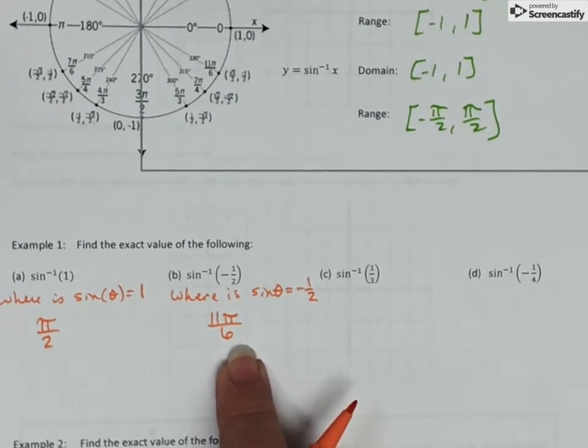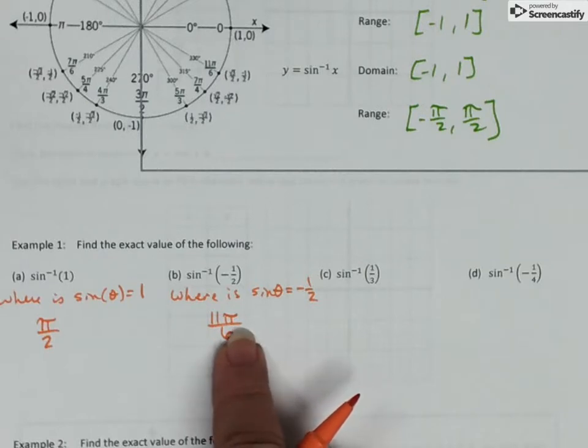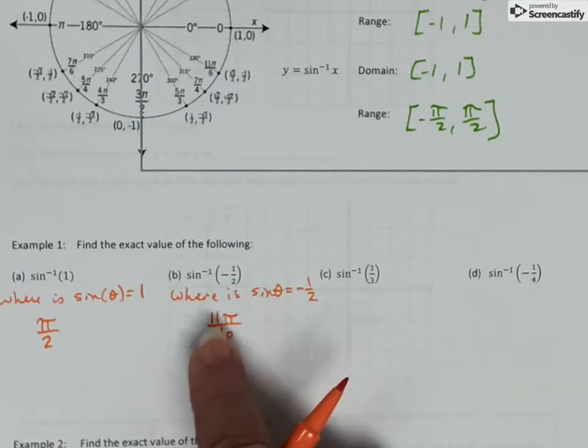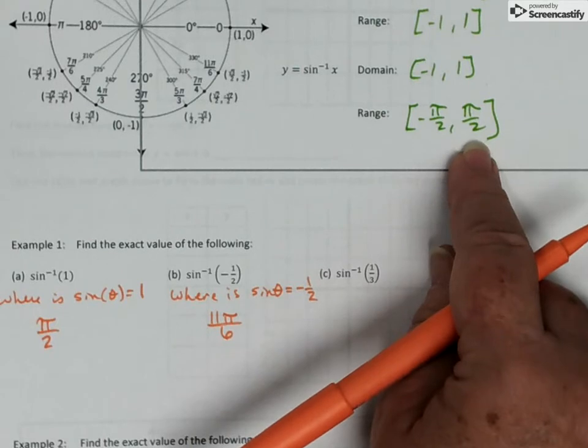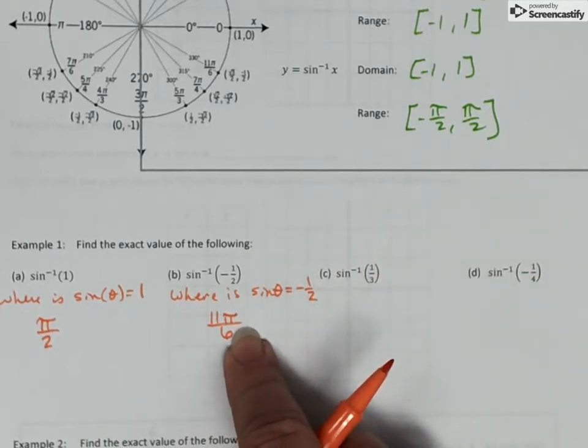So let's take a look at 11 pi over 6. What is a coterminal to that? We can either add 2 pi, which would just make it bigger, or we could subtract 2 pi, making it smaller. Now, 11 pi over 6 is greater than pi over 2. Pi over 2 would be 3 pi over 6. So this is obviously bigger than 1/2 pi.